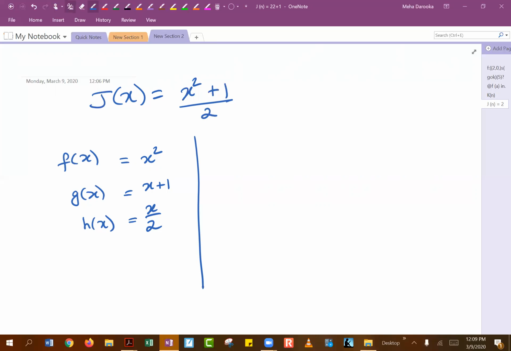What's going to be your innermost function? Yes, the starting one is going to be your innermost function. So f has to be the innermost, which would be the operation you do after you do the square.